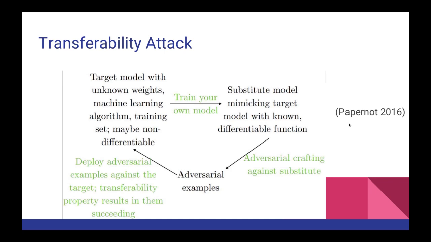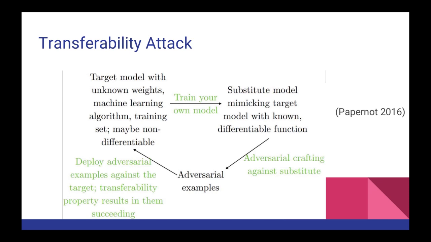And we also talked about black box attacks using transferability. So this is how transferability attacks work. The adversary begins by creating and training a model on the same dataset or a similar dataset that the target model is trained on. And it crafts adversarial perturbations to inputs for the adversary's own model.